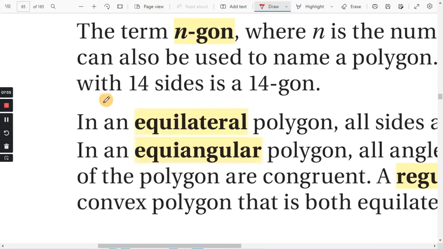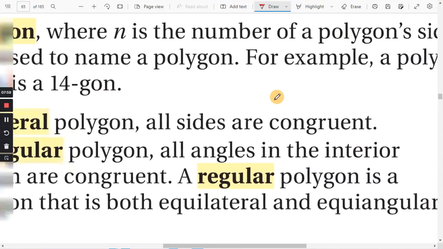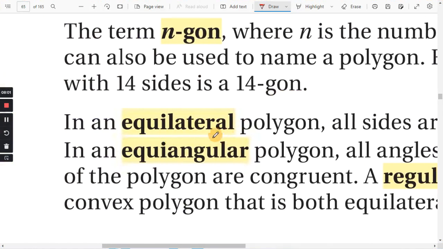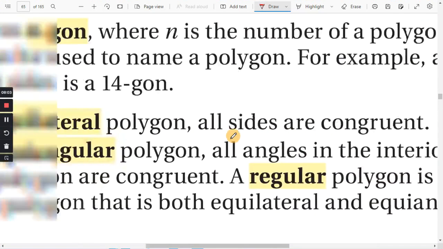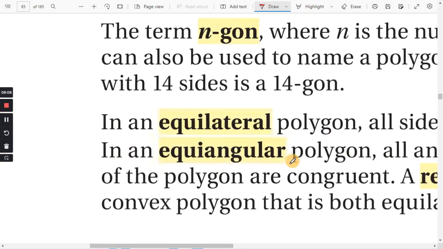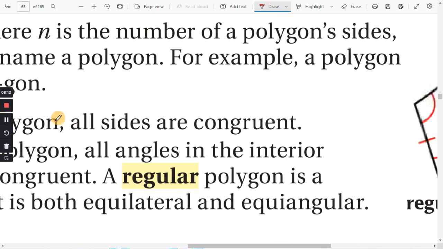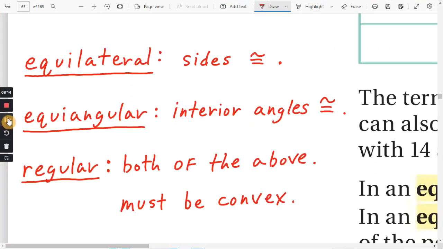All right, I'll give you notes for this section. Equilateral polygon, all sides congruent. Equiangular polygon, all angles in the interior congruent. And a regular polygon is a convex polygon that is equilateral and equiangular. Let's write that out. All right, so for an equilateral polygon, the sides are congruent.